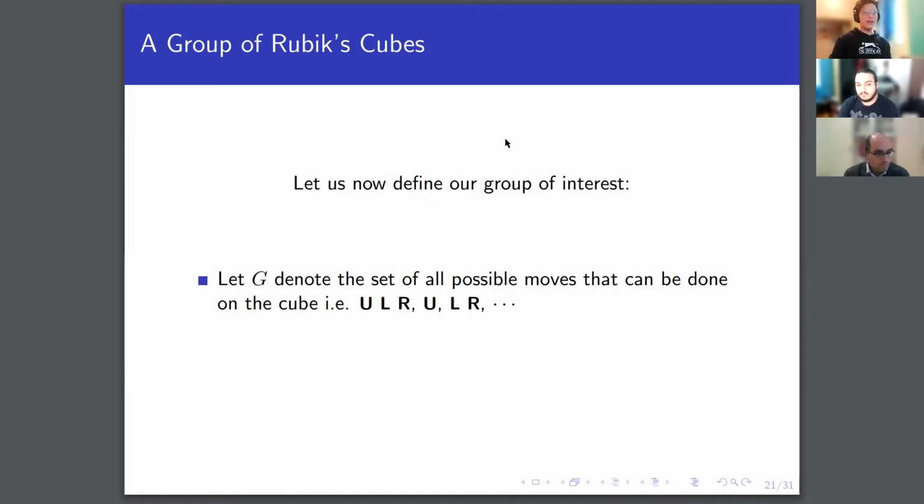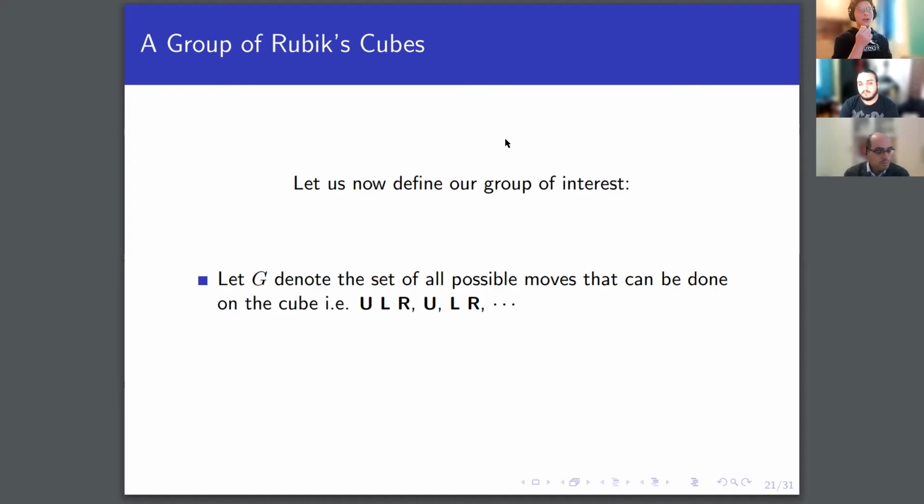These are all valid elements of our set, which are in turn moves. We'll call the elements of our set G moves. So ULR is the quarter clockwise turn of the upper face, followed by the left face, followed by the right face. We have another move with just one single rotation, and we're basically going to include all of these.